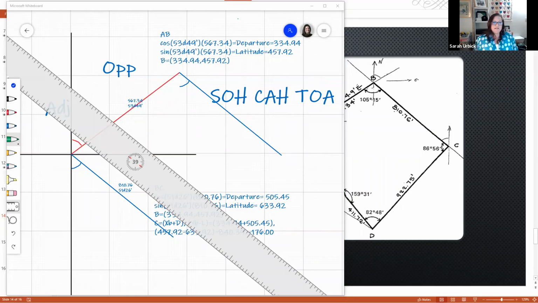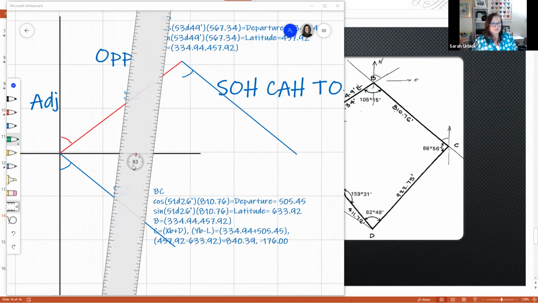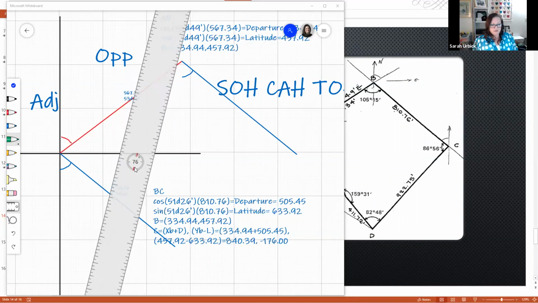From C to D, south 41 degrees, 38 minutes west. All right, so let's say it was 41 degrees off our vertical to the southwest. So we're going negative and negative on both of those. So what's my 90 minus 41? 49.